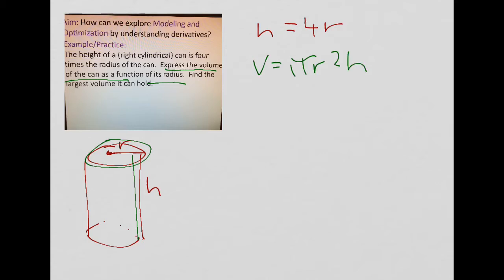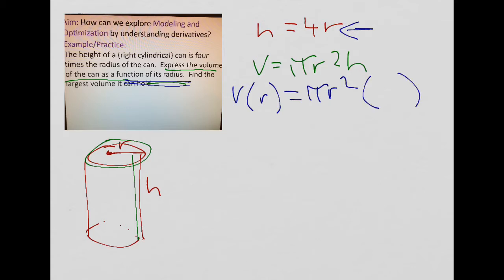Right now you can see it's not a function because there are 2 different variables, but we actually want it as a function of the radius. So we want V of r. We want to solve for height, and it's actually already solved for.